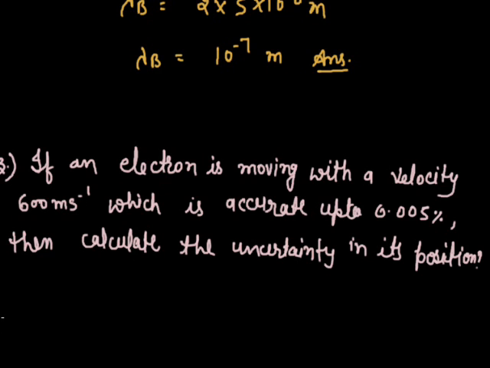So the question is: if an electron is moving with a velocity 600 meters second inverse, which is accurate up to 0.005%, then calculate the uncertainty in its position.